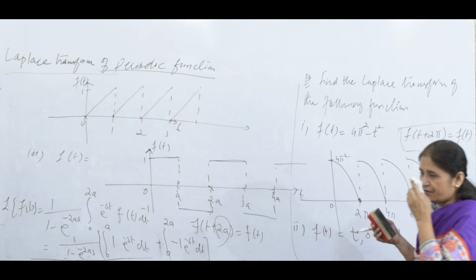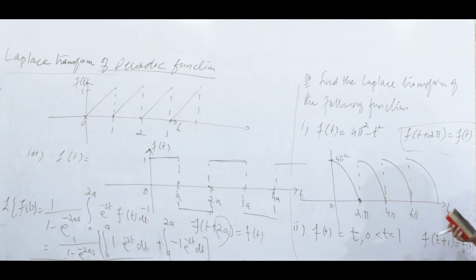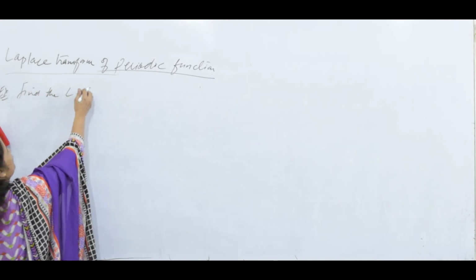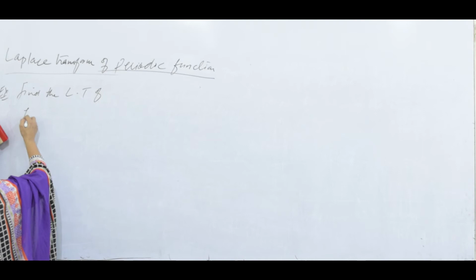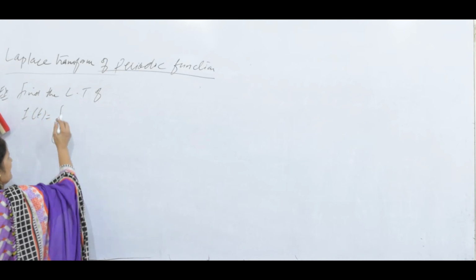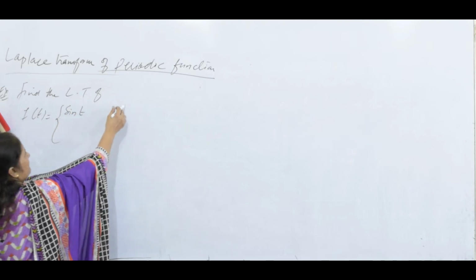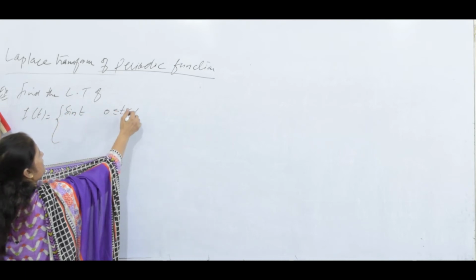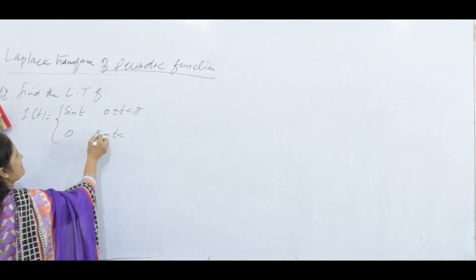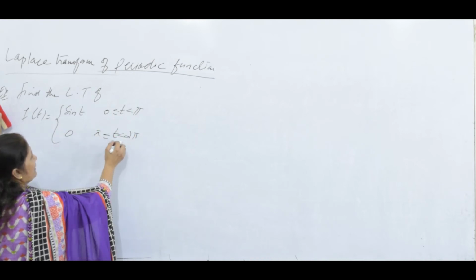One question I will solve, where you actually can use tabular integration to integrate. Find the Laplace transform of f of t equal to sin t when t lies between 0 and pi, and this will be 0 if t lies between pi and 2 pi.